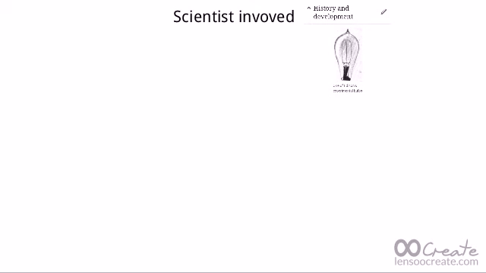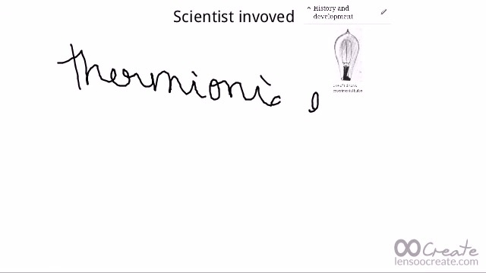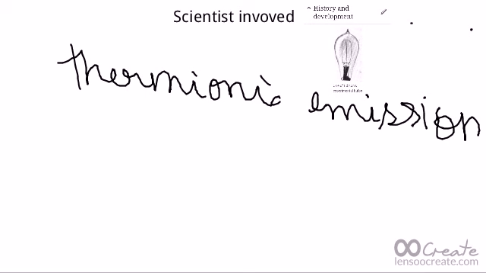Vacuum tubes rely on thermionic emission of electrons from a hot filament or cathode heated by the filament.